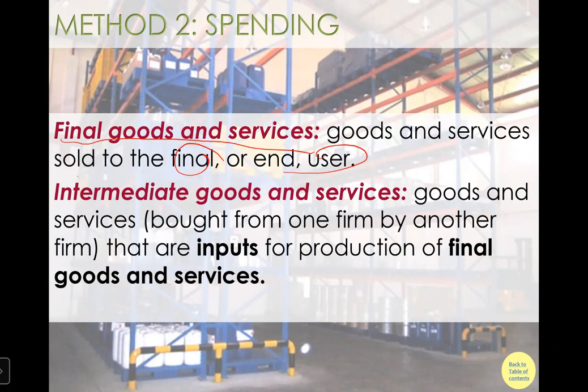And then they purchase the CPU chips from either AMD or Intel or another company. So that's considered intermediate goods, right? So formally, intermediate goods and services are bought from one firm by another firm. So they are inputs for production of final goods and services. Right.